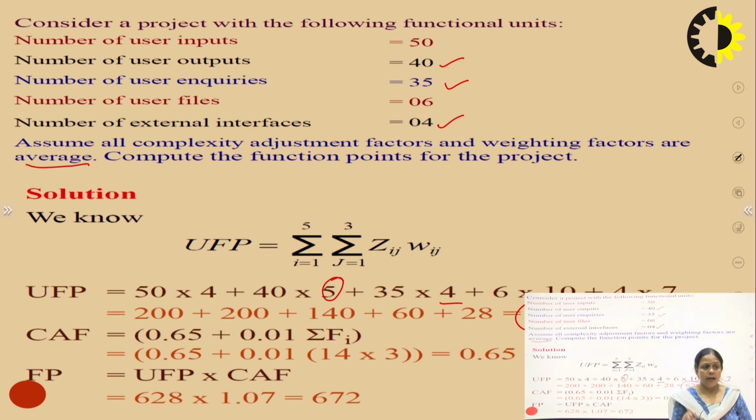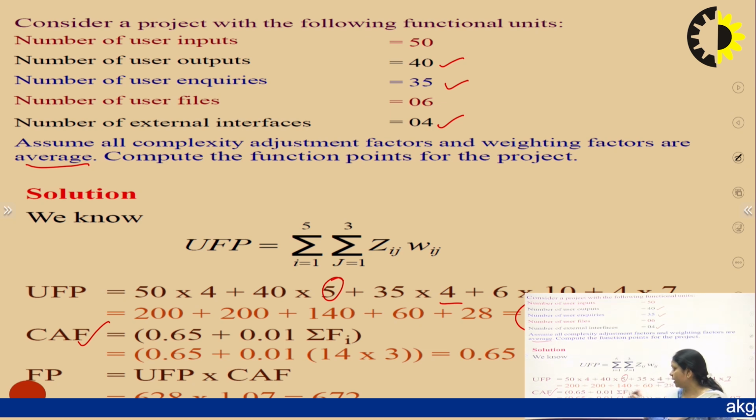Now we have to find out the function point. To find the function point, the unadjusted function point will be multiplied with the complexity adjustment factor. Fine. Now we will calculate the complexity adjustment factor. The formula is given here: 0.65 plus 0.01 summation of Fi. Okay.